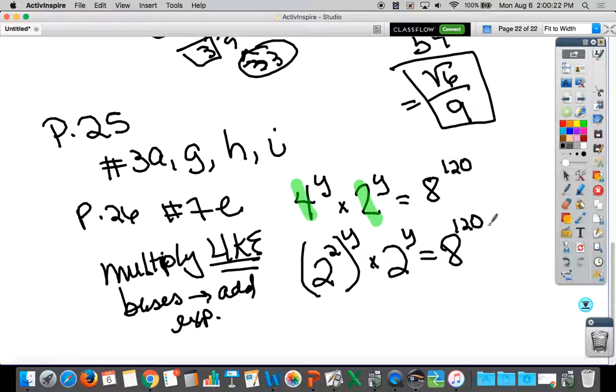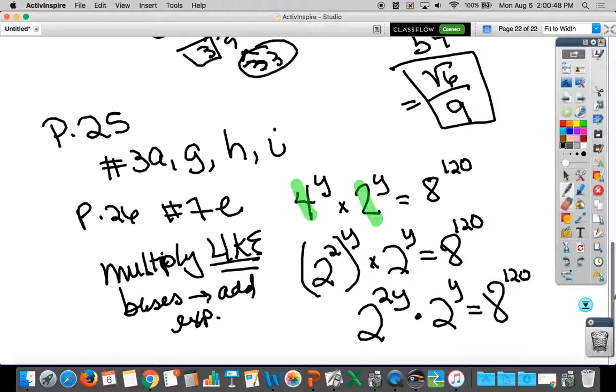Now, the next rule is raising a power to a power. Is this first two, is this gonna be 2 to the 2 plus y? Is that right? What's wrong with it? All right, when you raise a power to a power, you do what? So 2^(2y) times 2^y equals 8^(120).